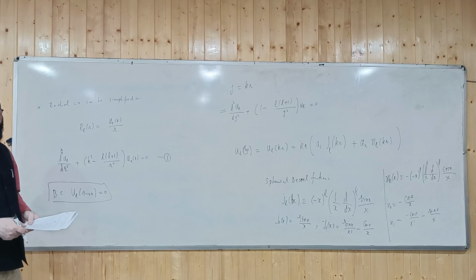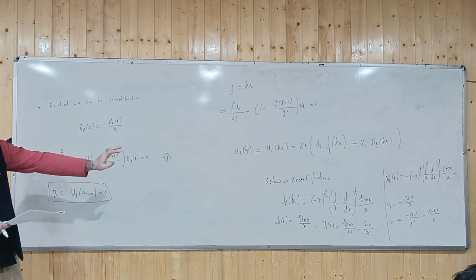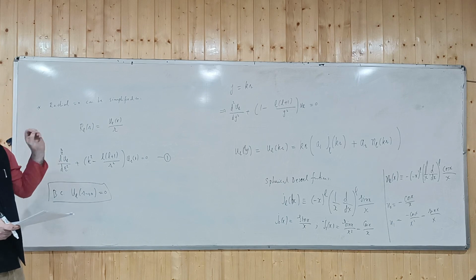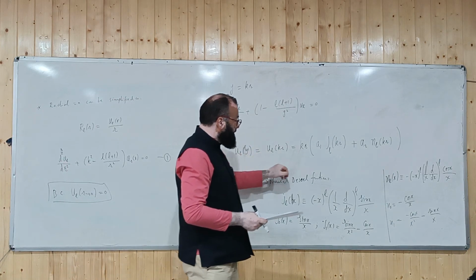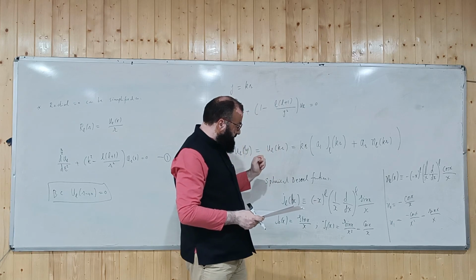Clear? Okay, so now what we need to do? We need to apply the boundary condition. This is a linear combination of the two functions which will give rise to the solution, and we have to check for the physical solution. Physical solution means one which will obey the boundary condition. Now let's look at when x tends to 0.